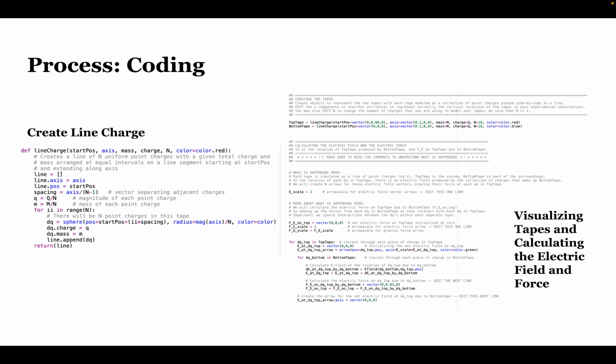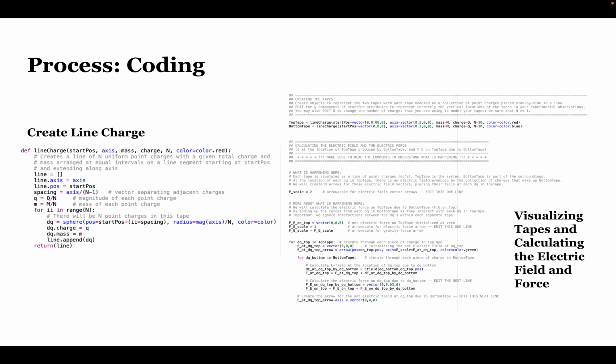So, in the process of making the code, we took the starter code that was given to us, and we had to implement our own data and also apply the code that we used for the first lab in calculating the electric field. Here are the detailed instructions for how to create the line charge. And to the right, you have the visualization of the tapes and the calculation of the electric field and force.